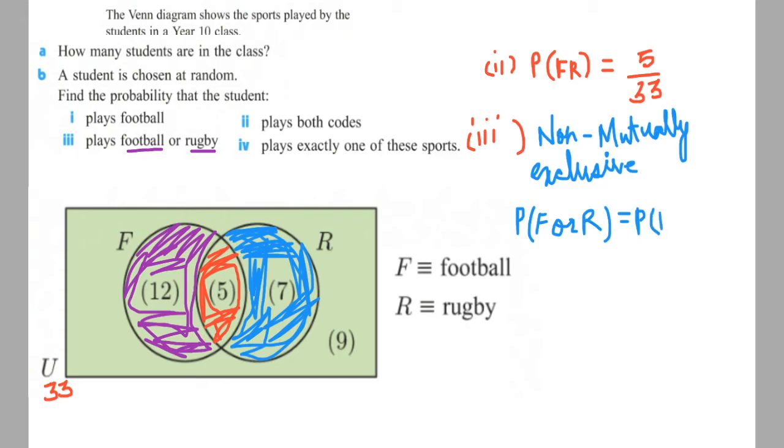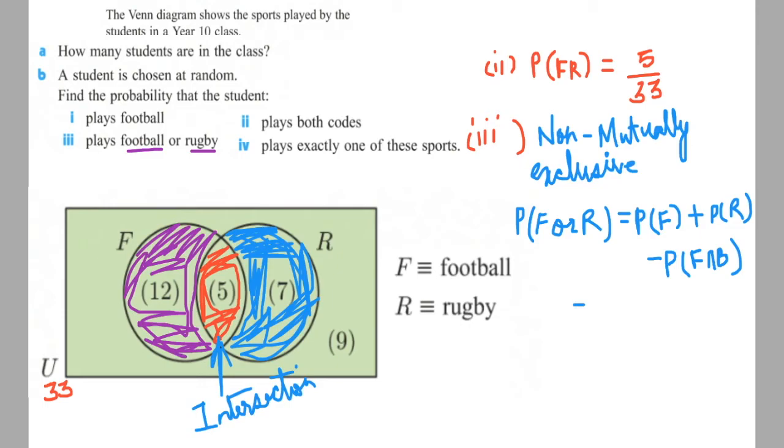probability of students who play football plus probability of choosing a student who play rugby minus probability of students who play both. I'm writing here intersection because that's the intersection part. These are the students, 5 students who are playing both.